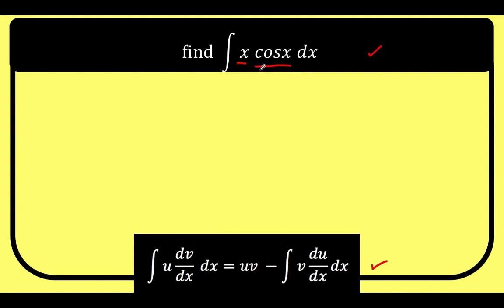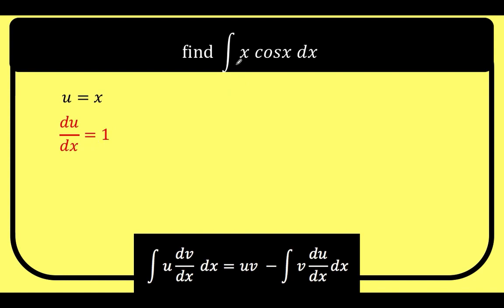But we need to be careful in choosing our u, and the guideline is we will choose u so that the resulting integral is simpler than the original integral that we started with. So let's begin by letting u be our x. If u is equal to x, then du/dx is equal to 1.